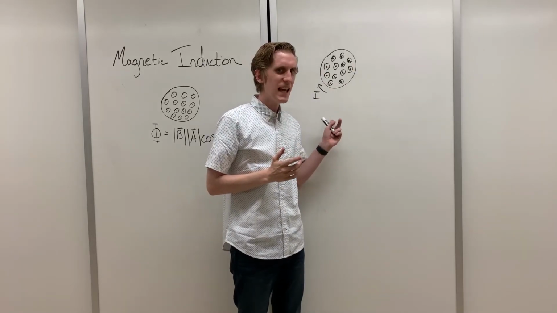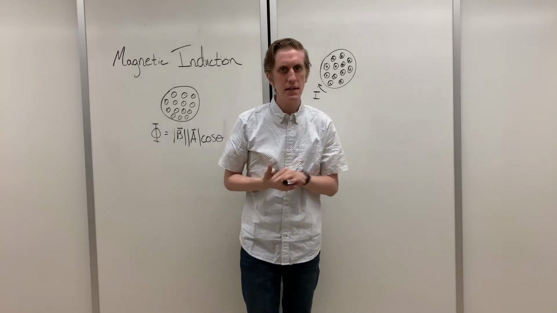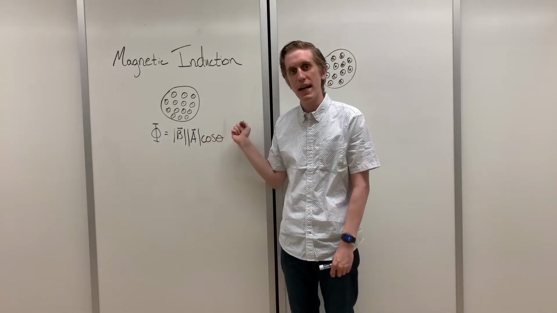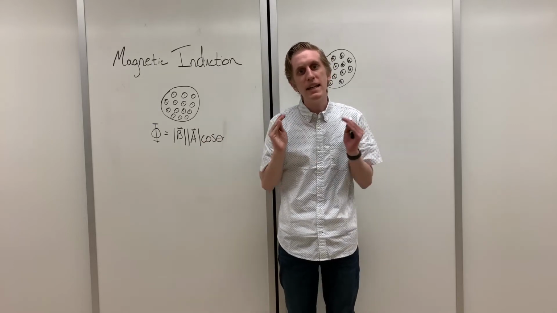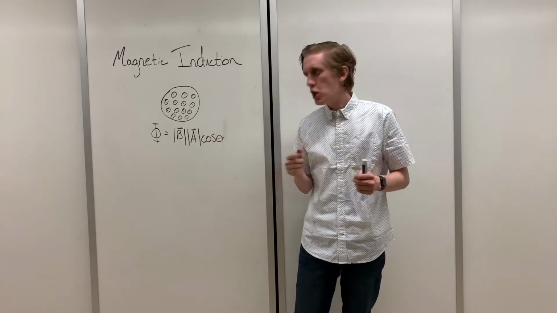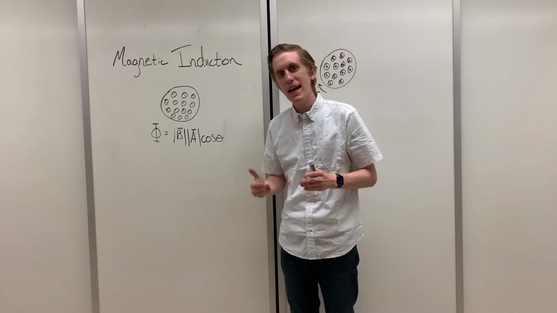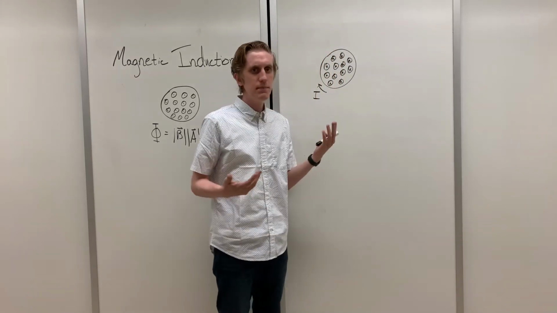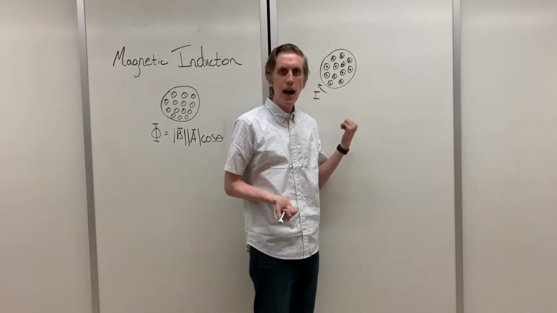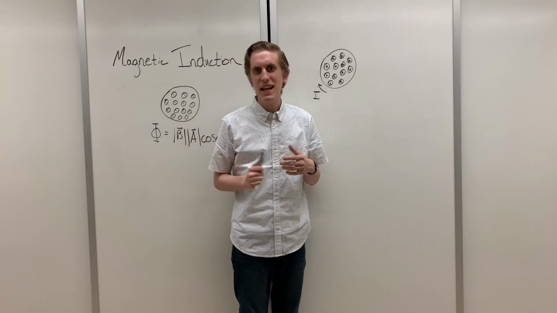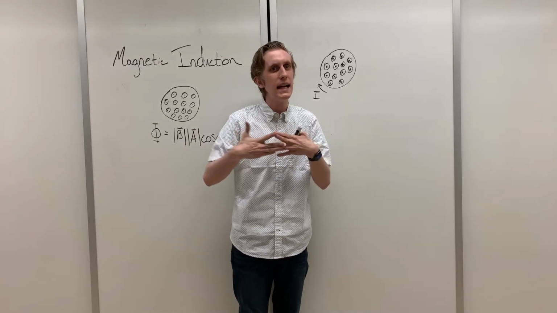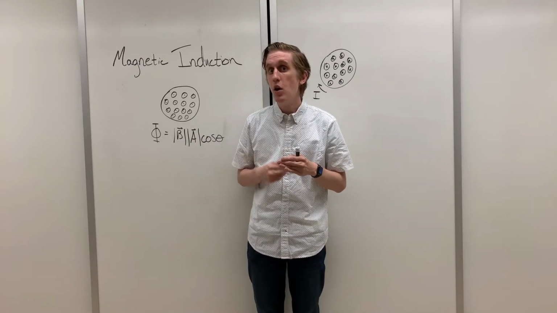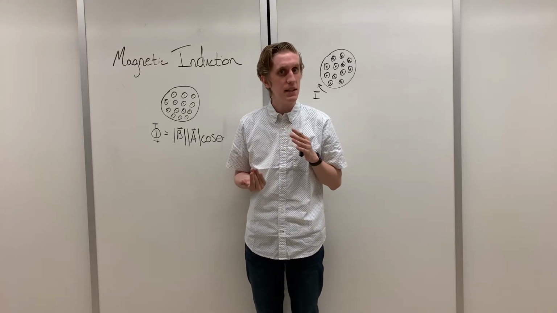But notice this is actually the opposite of what we want. The magnetic field here is pointing out of the board. Because it's getting weaker, the current that is created in the wire is going to try to strengthen it again. But this magnetic field points in the opposite direction of this one. In other words, it's going to be fighting against this magnetic field. But that's not what we want. We want the exact opposite thing.